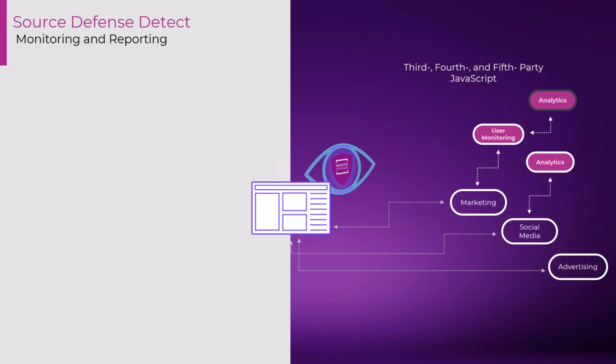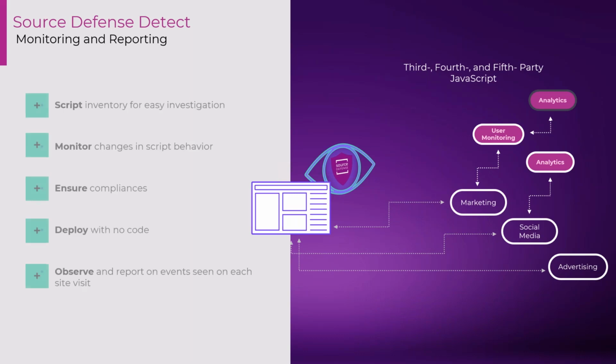We do this in two different halves. We have something called Source Defense Detect. Source Defense Detect gives us either periodic scanning, as is required by part of PCI, or real-time user data about what scripts are loading, what they're doing, and whether they are performing actions that are insecure or potentially risky. It gives security and compliance teams the insight they need to have a much better handle on client-side security than they could through some kind of manual process.